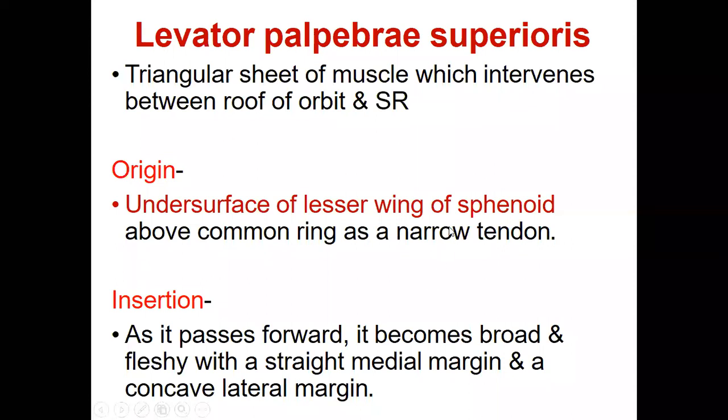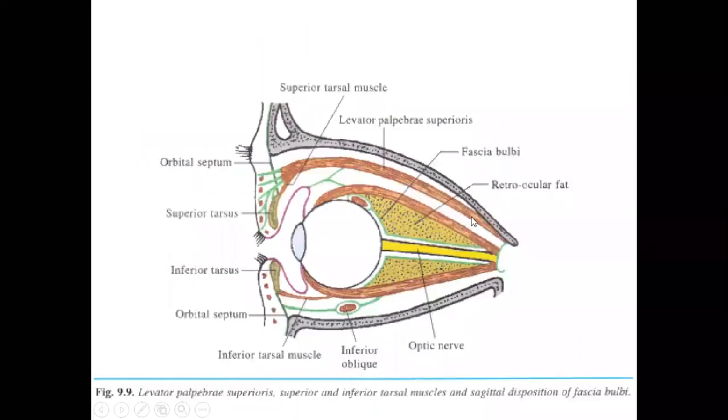So this one is levator palpebrae superioris. Origin is in the under surface of the lesser wing of the sphenoid bone, which is tendinous. As it passes forward, it becomes broad and fleshy.